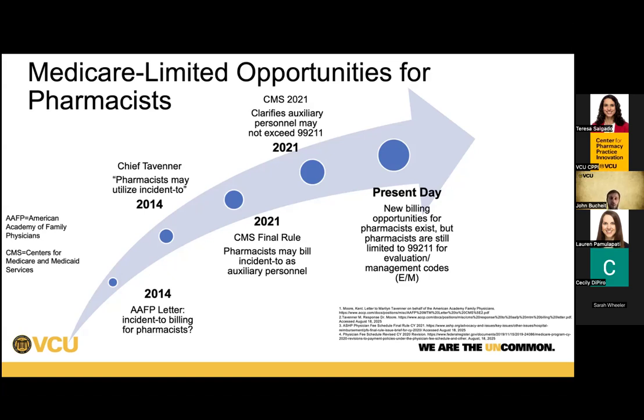And so we've come a long way from what's been happening with pharmacists' ability to bill Medicare Part B for services. Starting in 2014, and this was as I was a resident or shortly after I was a resident, a member from American Academy of Family Physicians made a very public letter to the chief officer at CMS asking whether pharmacists could bill Medicare Part B as auxiliary personnel.